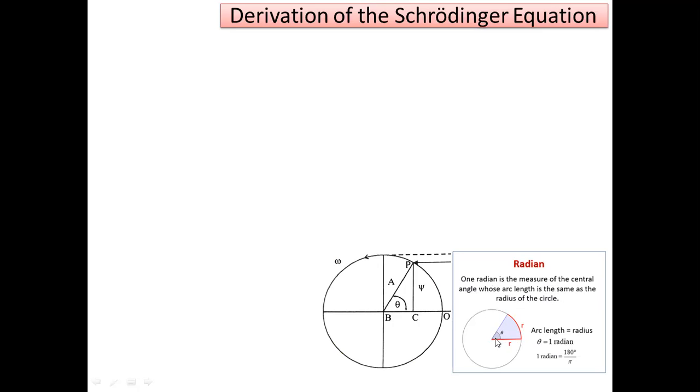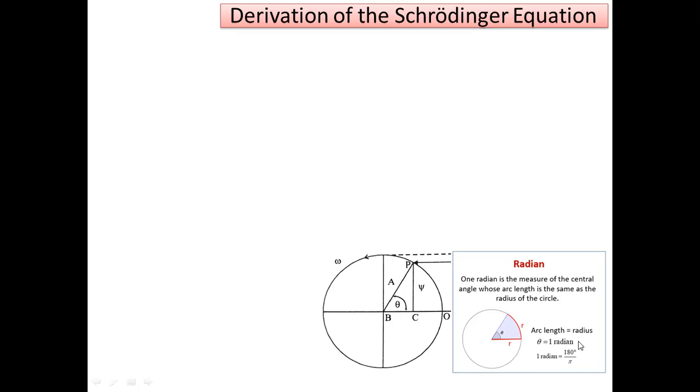This is the radius of the circle, and when this distance traveled in a circular path, which is called the arc, has the same length as the radius, at this point it is called 1 radian.